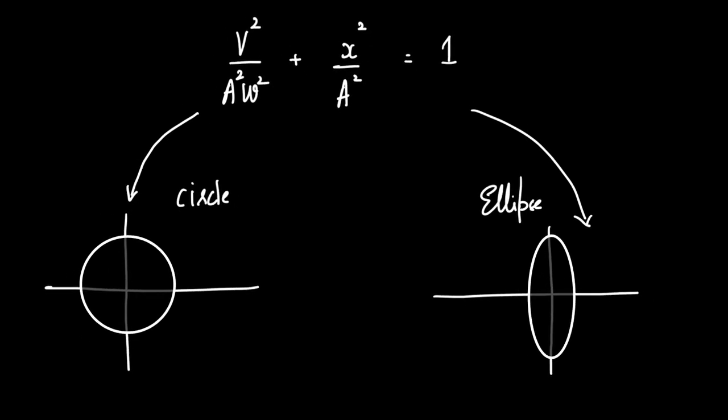Now, what does this equation represent mathematically on a graph? Does it represent a circle or does it represent an ellipse? What do you think? Circle or ellipse? What is the equation of a circle?